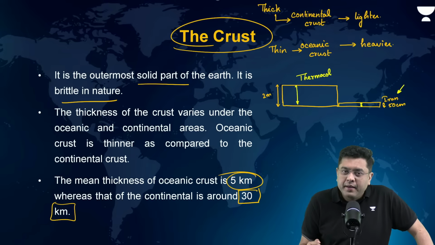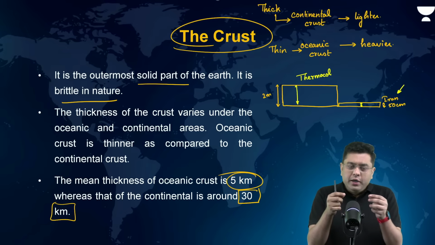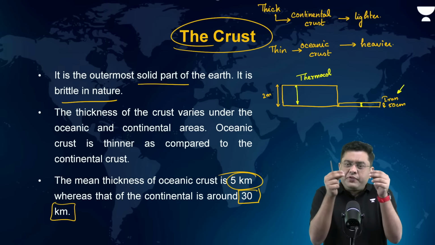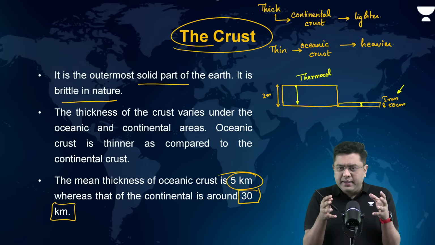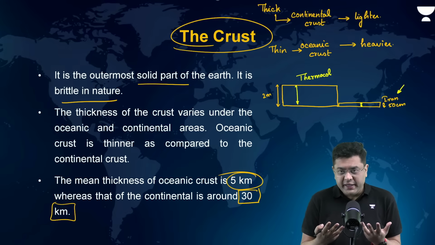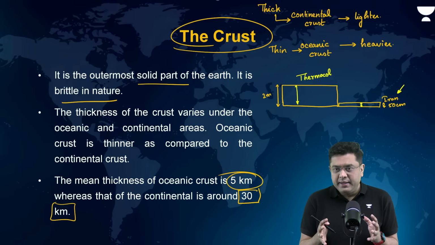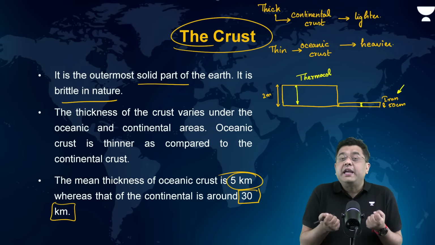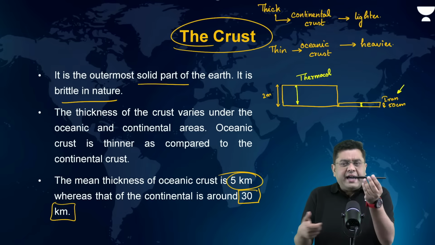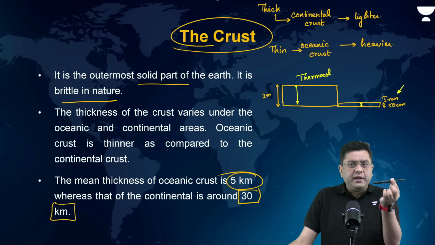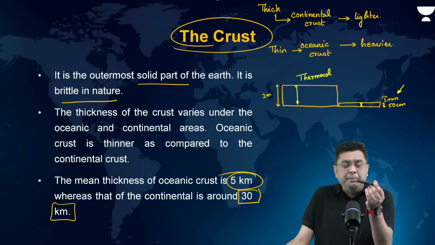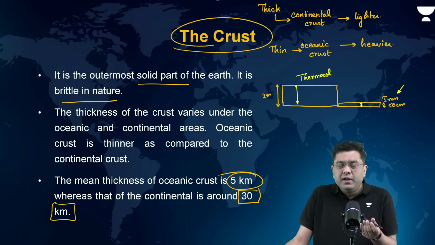Why? Because in a thermocol, you will find that the materials have a lot of air in between. It is the density of materials. Density, how closely the materials are packed, that determines the weight of it. Okay, if I have this plastic pen, it is this thin. If I have an iron pen, it will always be heavier, isn't it?